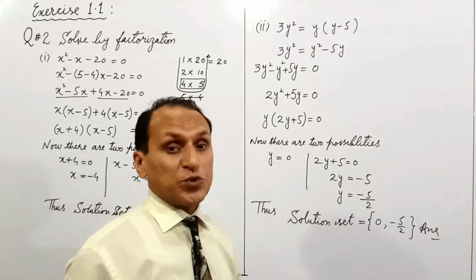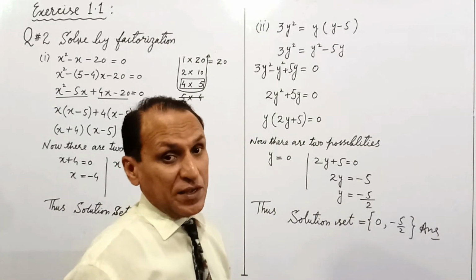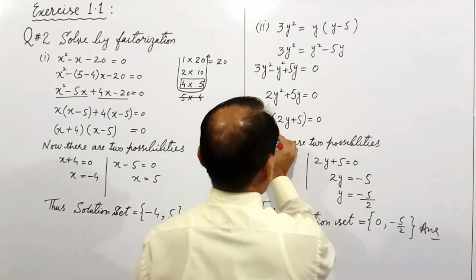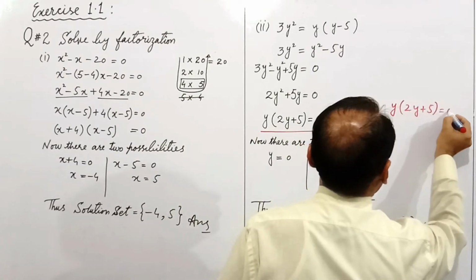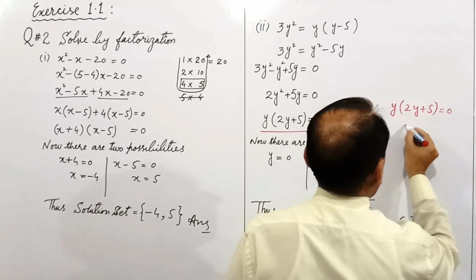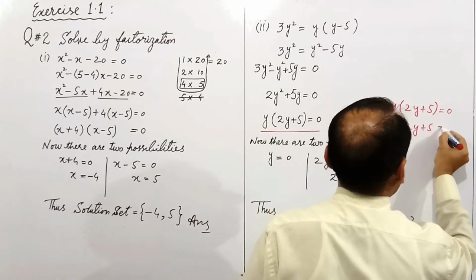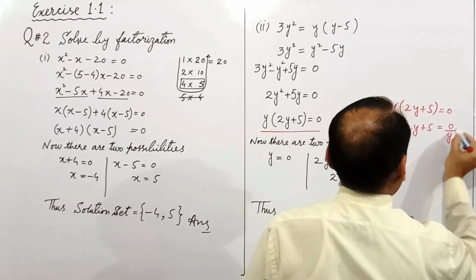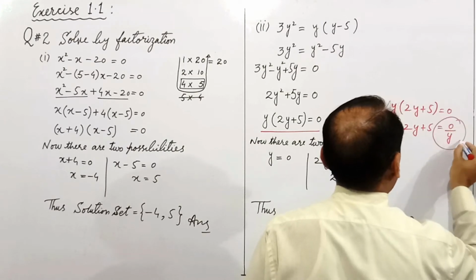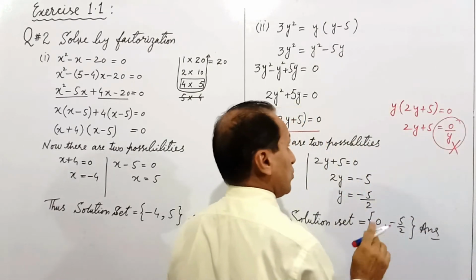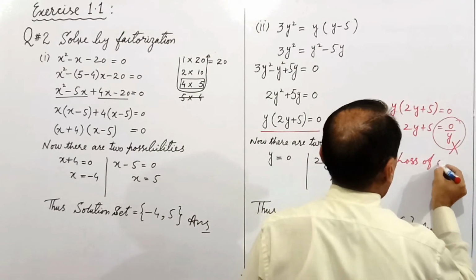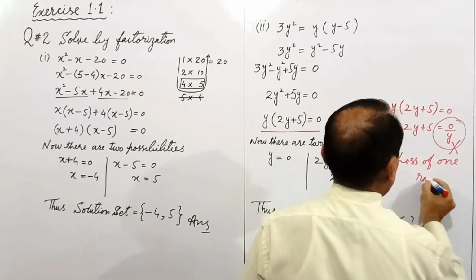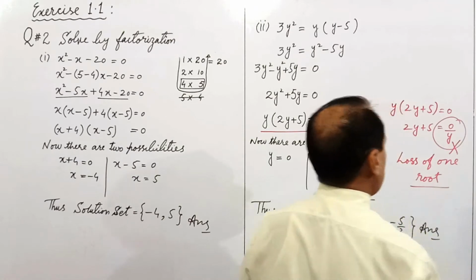Sometimes a few students make a mistake, and that is in the step y into 2y plus 5 is equal to 0, they take y to the other side. 2y plus 5 is equal to 0 over y. That should not be done, because if they do this, it will result in the loss of one root, and that is very important.